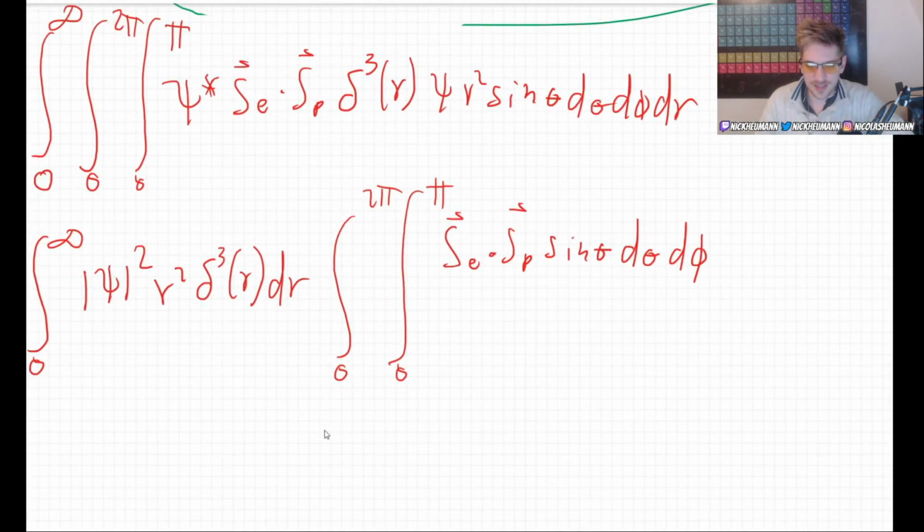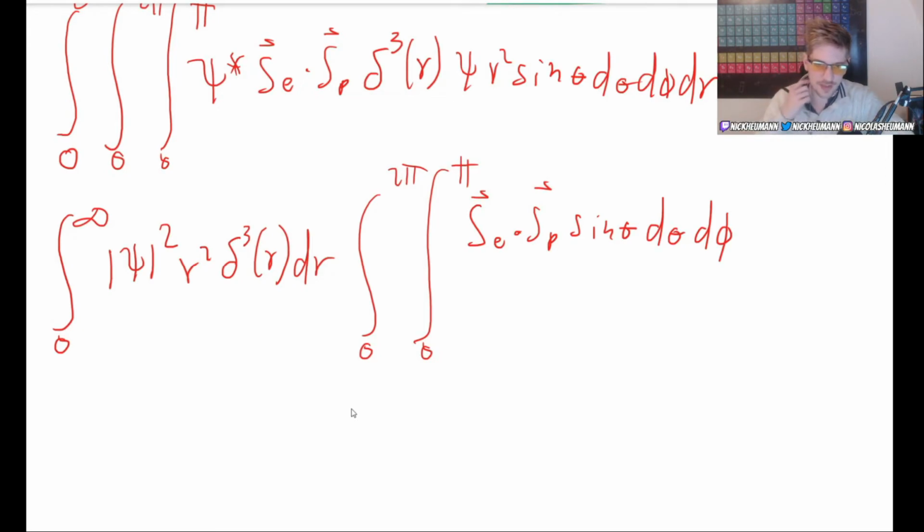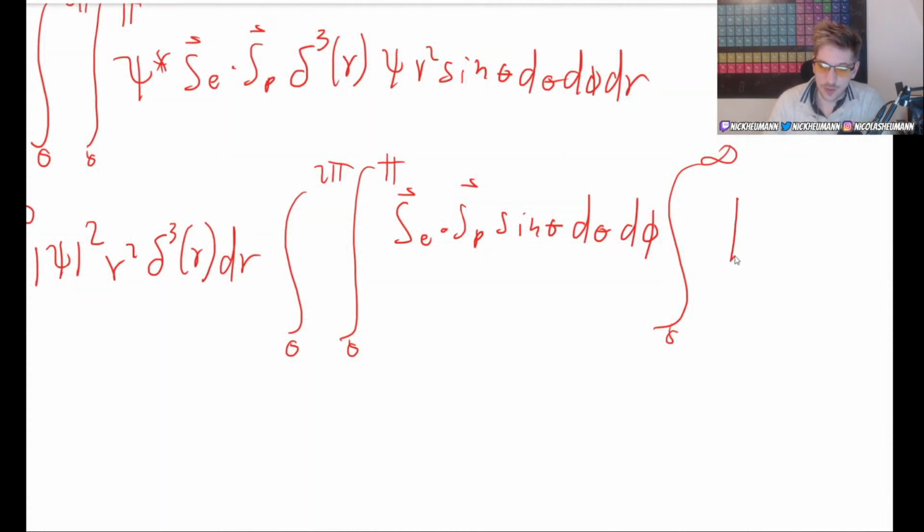So basically, we have two expectation values, if we think about it, because this part right here does not depend on r. We could multiply by the integral of our normalized wave function, r squared dr. This thing is 1, because it is normalized.